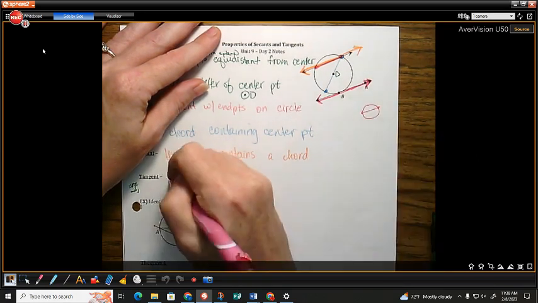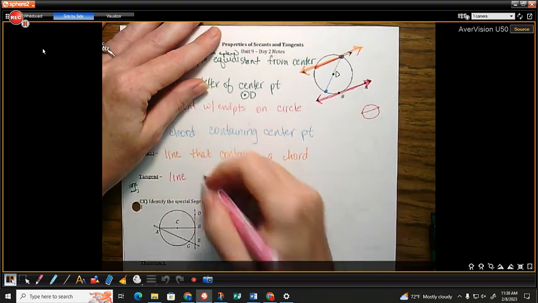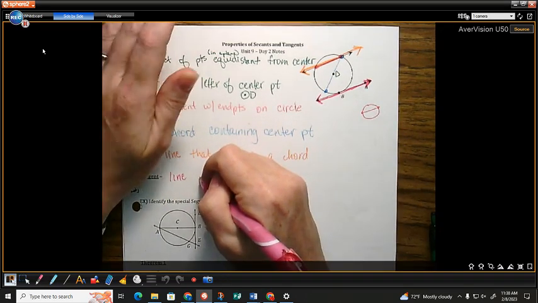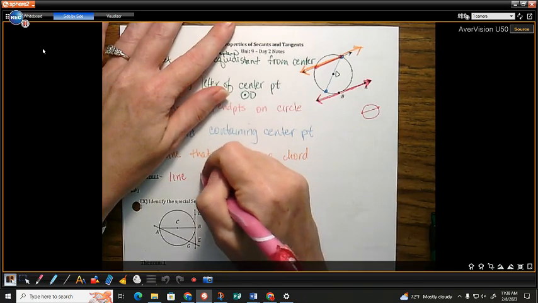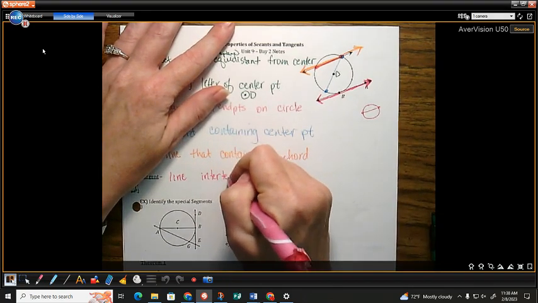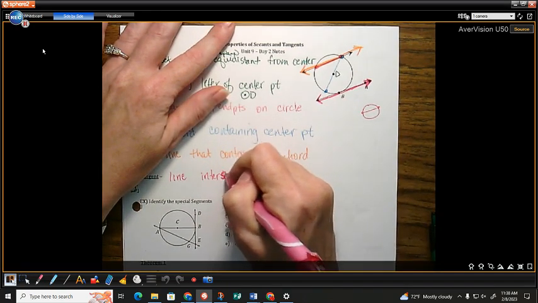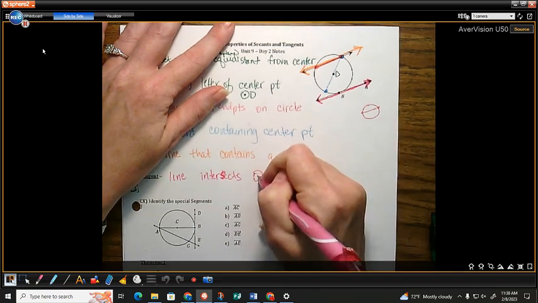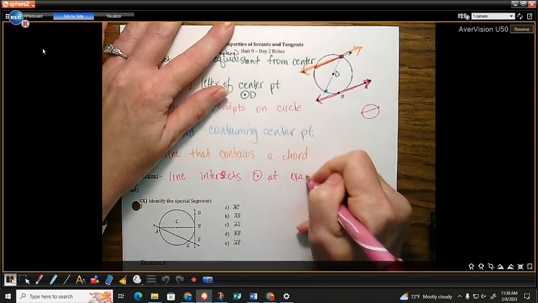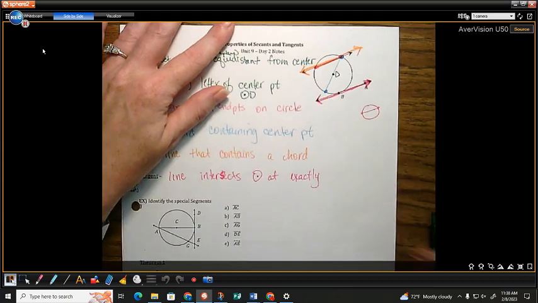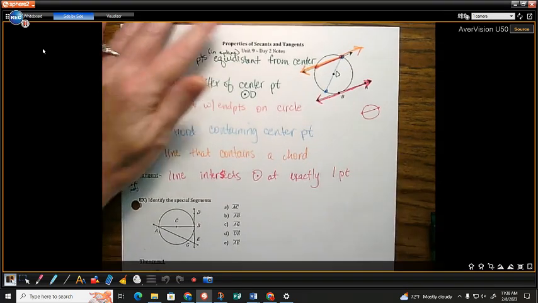What do you notice about that line? It only hit that one point. It only touches the circle in one point. So it intersects the circle at exactly and only one point.